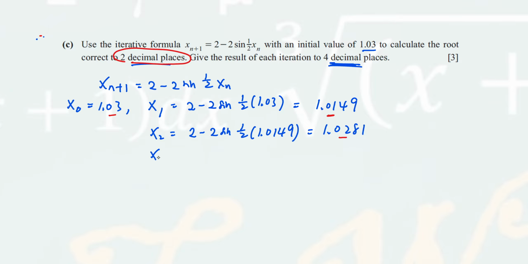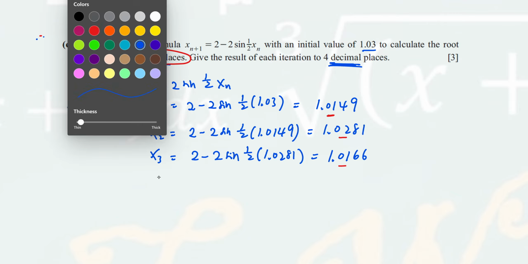So we need to continue for x3. This is going to be 1.0166, and again they are not equal because when I round here it becomes 1.02, but the previous one 1.03. So just continue.